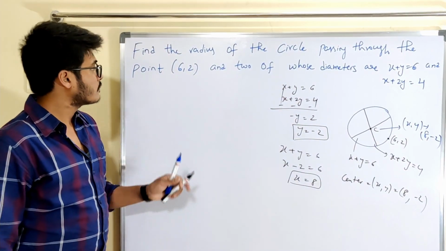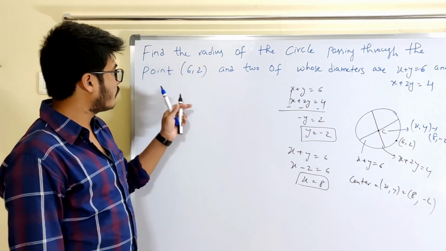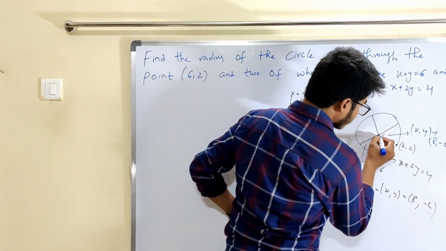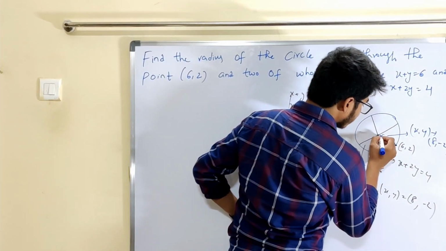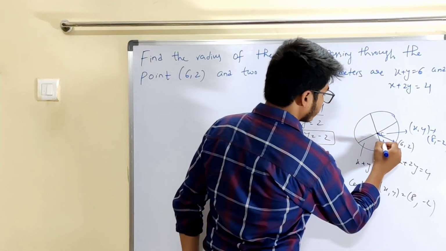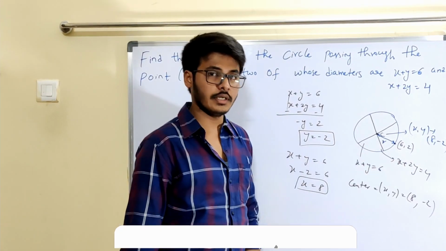Here it is given to find the radius. You can see here, the distance from center to the point 6 comma 2 gives the radius. So the distance between these 2 points gives the radius.